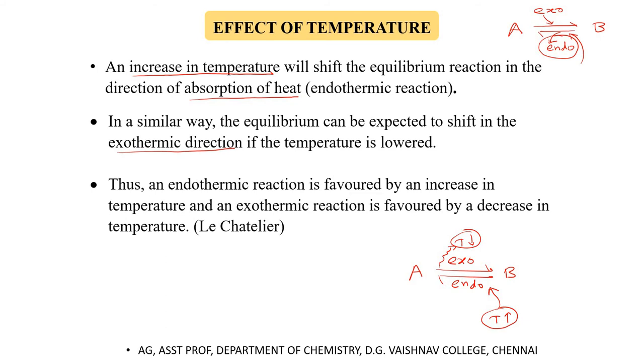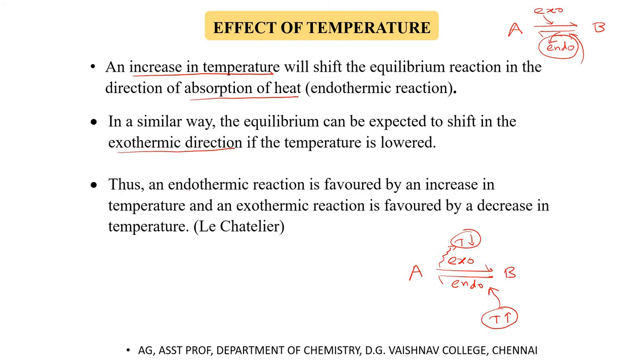So to understand the effect of temperature on equilibrium, we need to identify whether the forward reaction is exo and the backward reaction endo, or the forward endo and the backward exo. We need to understand which reaction, among forward and backward, is endo and which is exo. Based on that you can easily identify the effect of temperature on an equilibrium reaction.